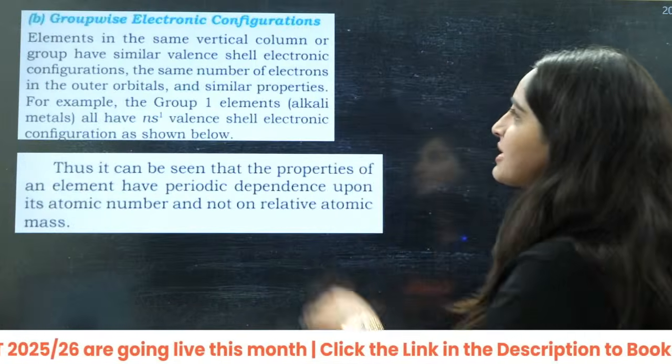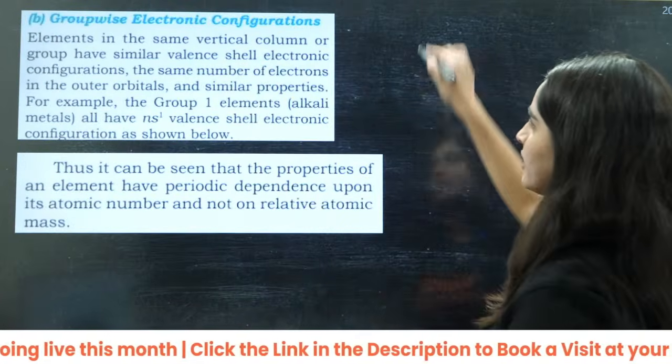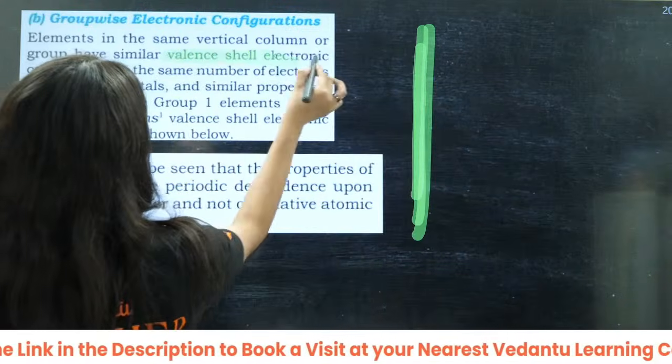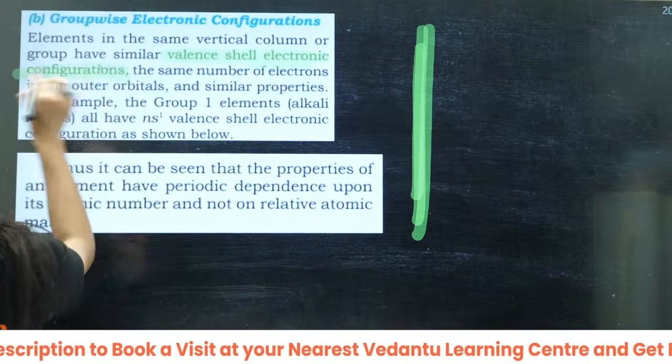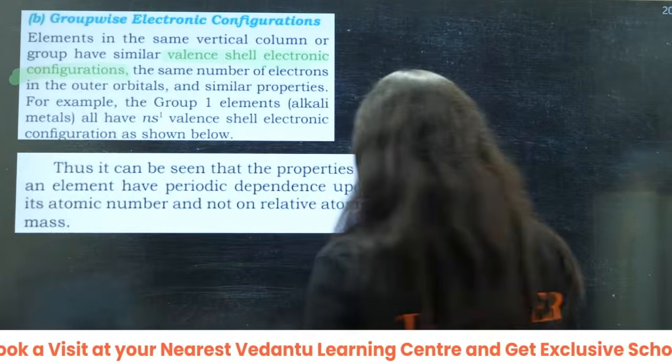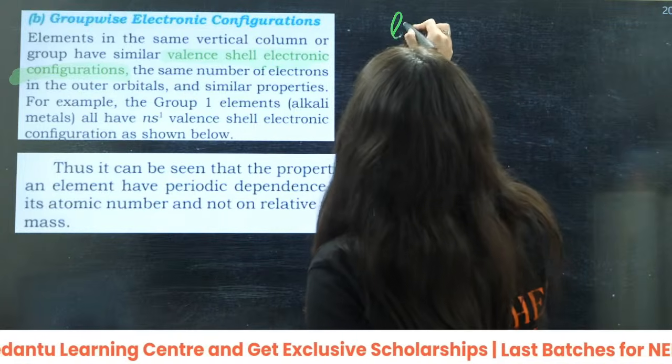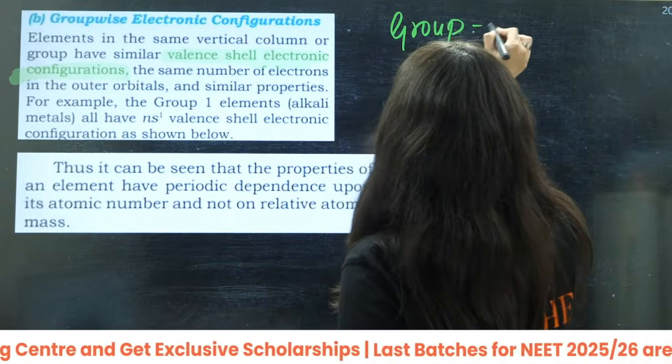Then they are saying elements in the same vertical column, vertical means these columns, have similar valence shell electronic configuration. Now this is very important. To make it very simple for you, I have already told you this very simple thing.